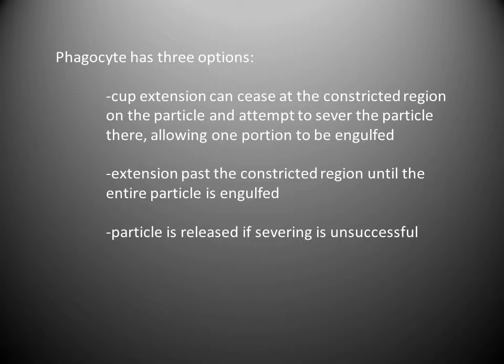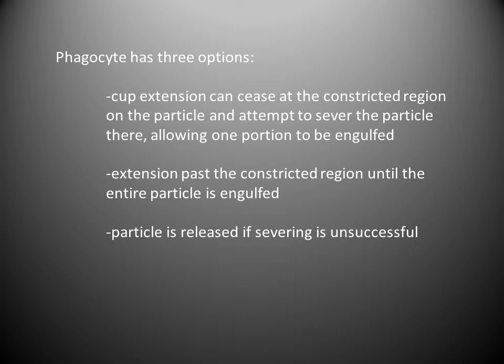The experiment will show that the phagocyte has three options. The first option is that the cup extension can cease at the constricted region, and the constricted region is essentially the region where the mother cell is connected to the bud cell. So the cup extension can stop there and attempt to sever the particle there, and thus only engulfing the section that was surrounded initially by the phagocyte.